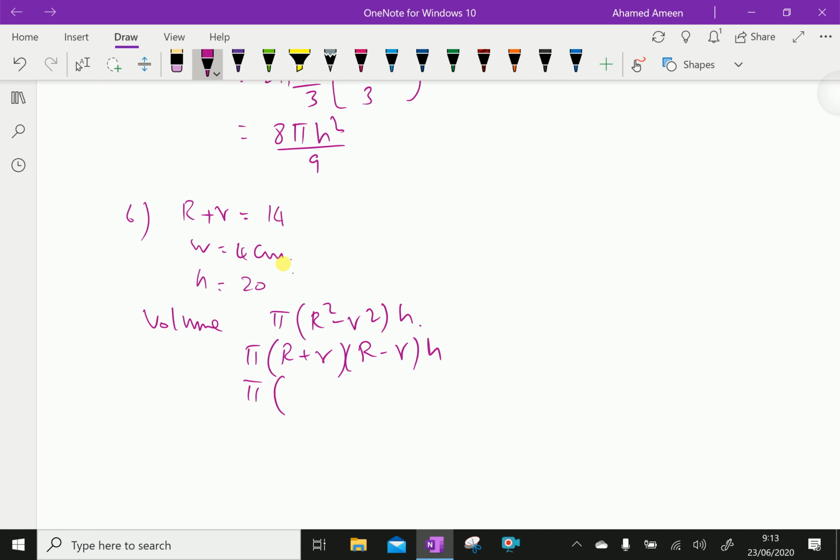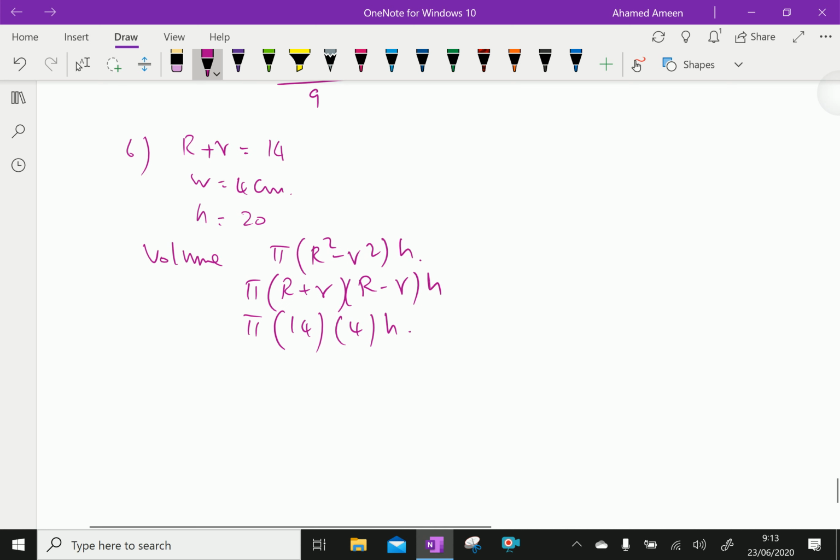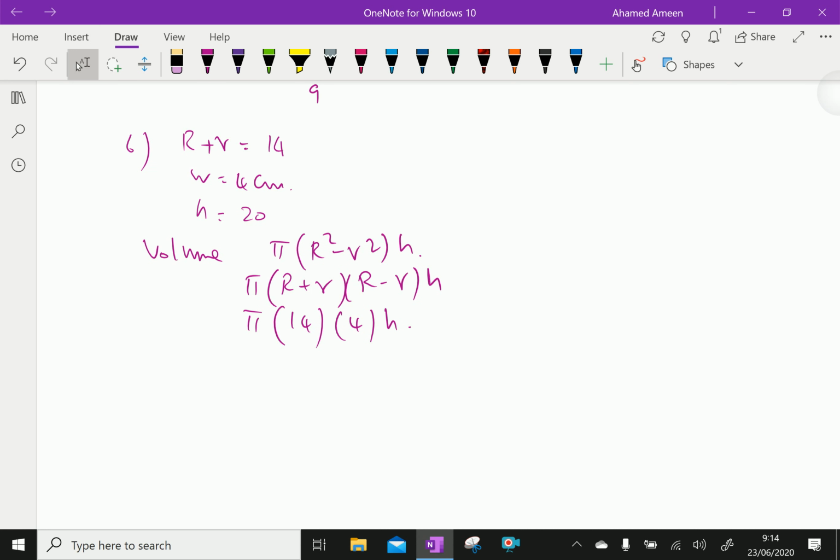Pi, R plus r is 14 given, and R minus r is the thickness, this is 4, h is 20. So pi into 14 into 4 is 56, into 20, is 1120. Therefore the answer is 1120 pi centimeter square.